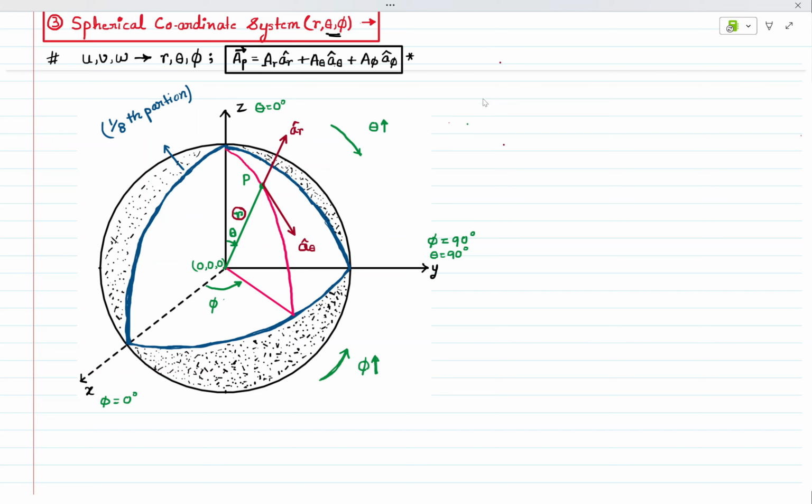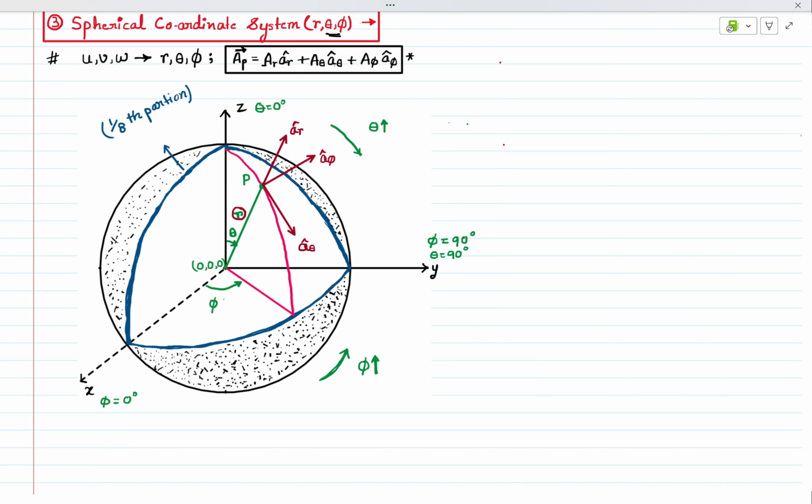Similarly, I can write the phi direction. Phi direction is the same as I have already discussed in the cylindrical coordinate system. The unit vector of phi will be in the same direction of the actual phi.